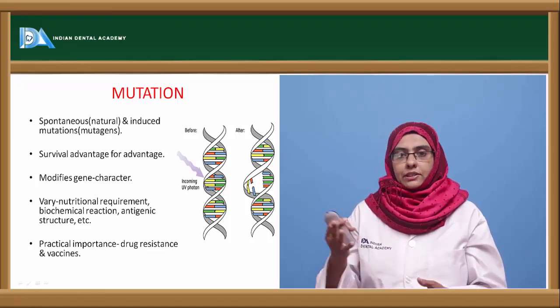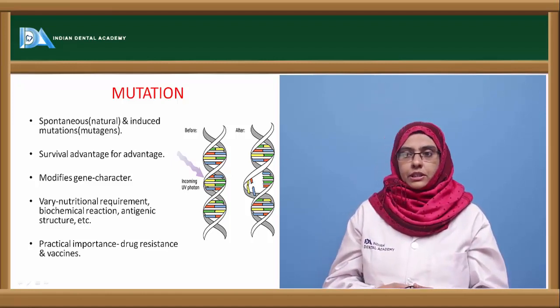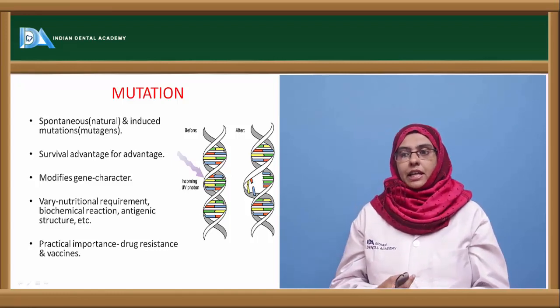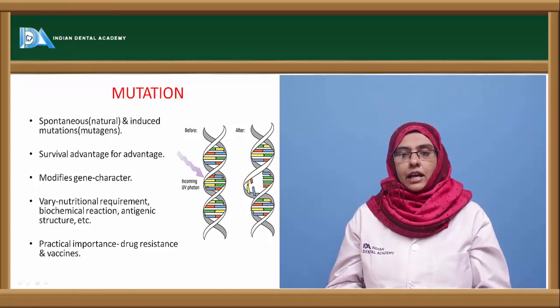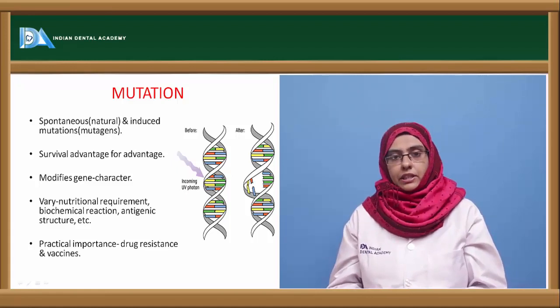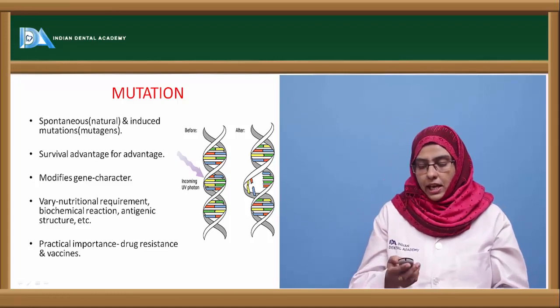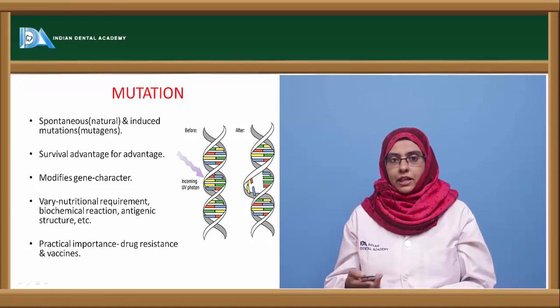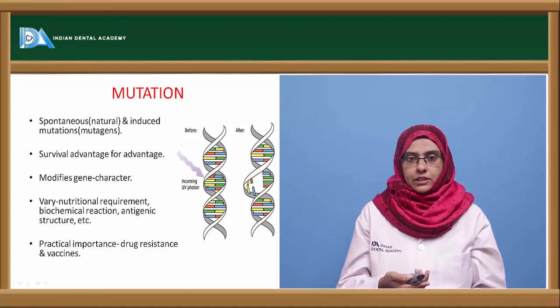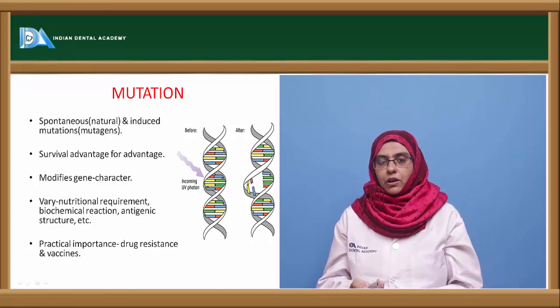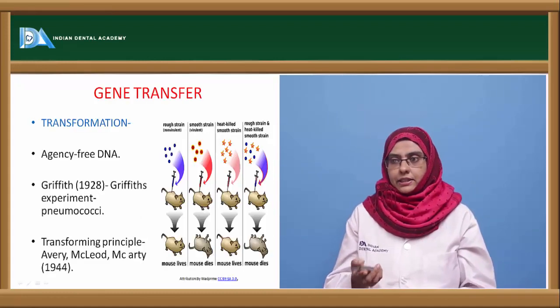So you can classify the mutations again depending upon the nutritional requirement, the biochemical reactions and antigenic structures, etc. And the practical importance of these mutations is that they confer drug resistance to the organism, and they can be used in the production of vaccines. As I told you about the induced mutations, we can use this to change the antigenic character of that particular organism to prepare the vaccines.